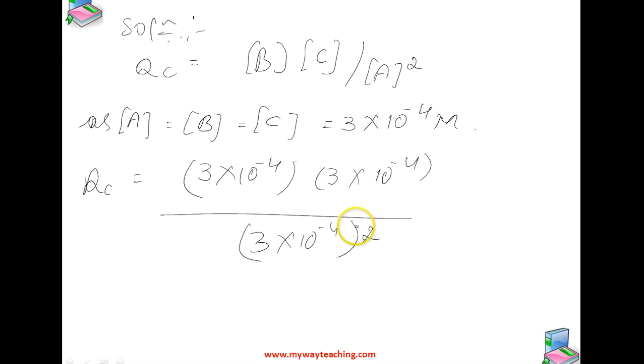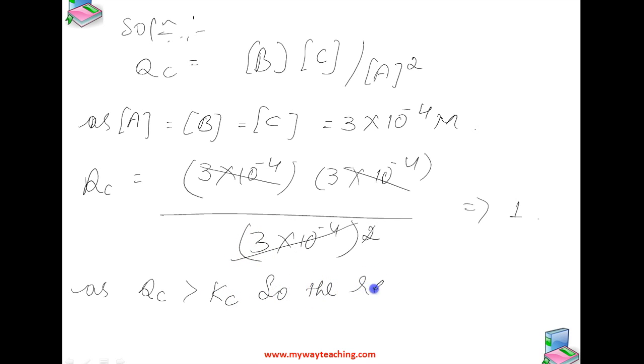So this cancels, and you get the value 1. As Qc is greater than Kc, the reaction will proceed in the reverse direction.